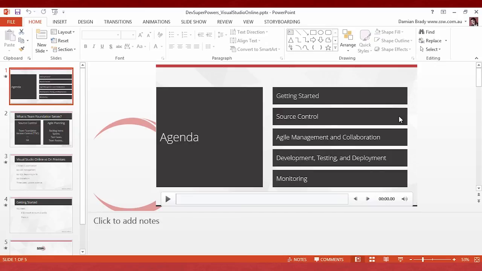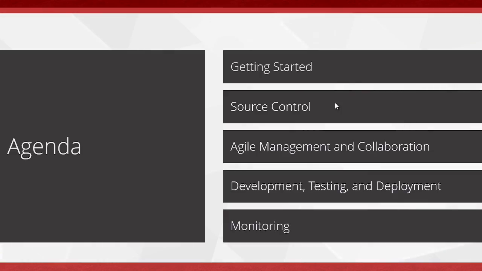So we have had a look at how to get started with Visual Studio Online. We've had a look at the source control options, Team Foundation Version Control and Git. The Agile management tools, which is basically your whole workflow around what work items you have, what states they can move to, things like that. Collaboration in terms of team rooms.